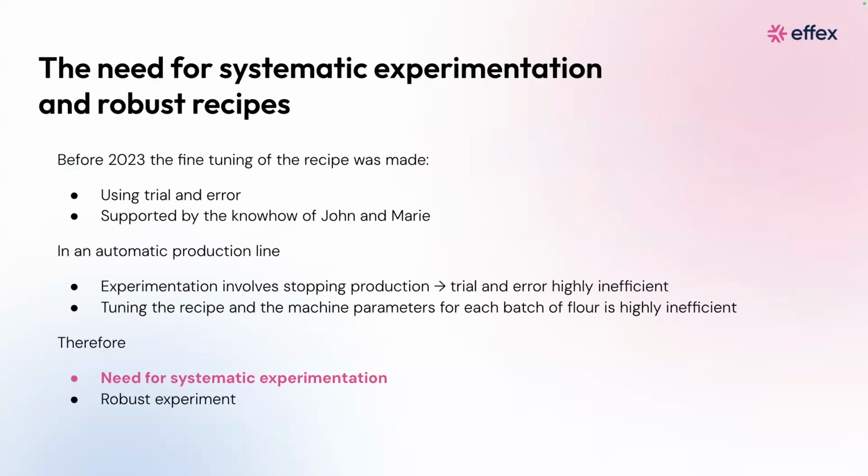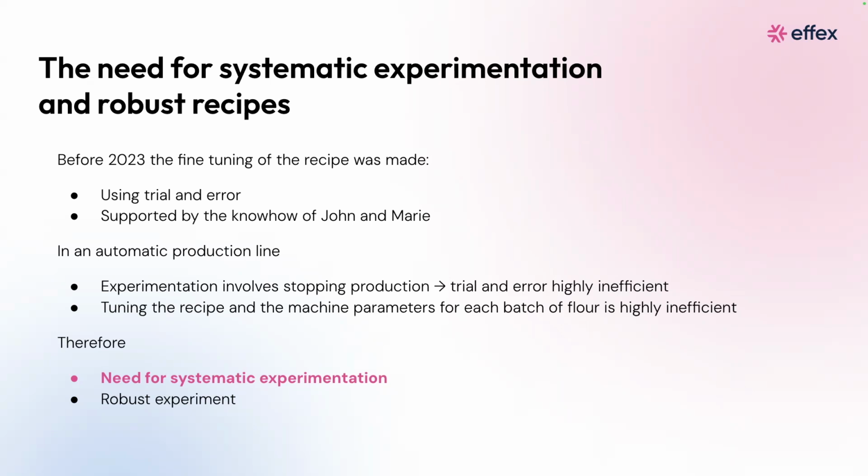So how did they fine-tune the recipe of the muffin before? Using trial and error. They had, of course, a lot of experience and know-how on how to make muffins. And they were just adjusting the recipe to get the end result they wanted. But in an automatic production line, that is not so easy because experimentation involves stopping production.